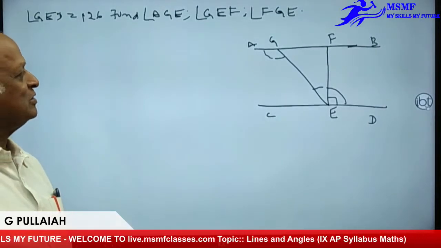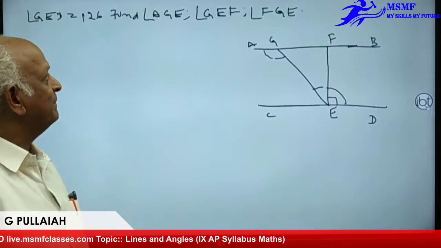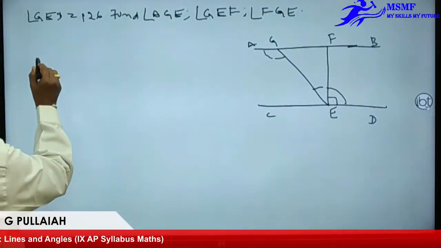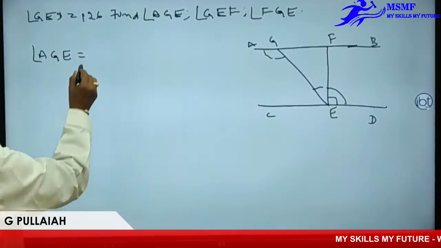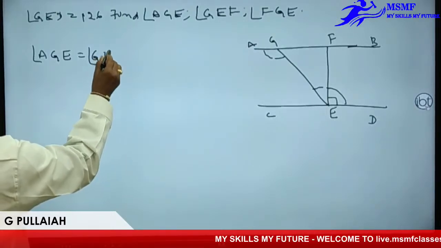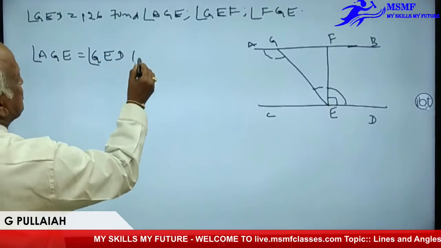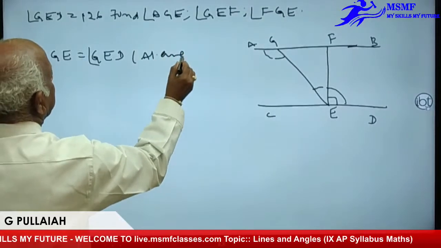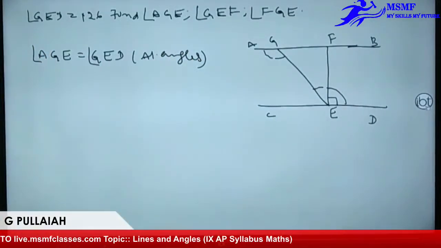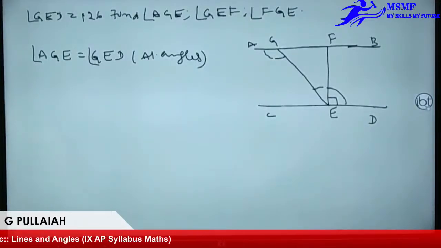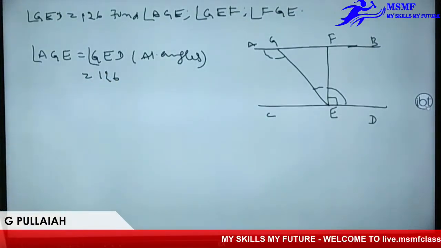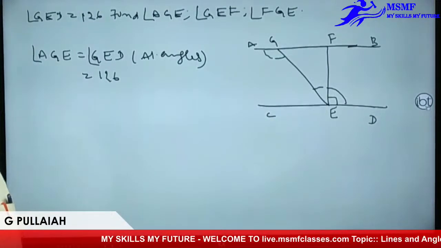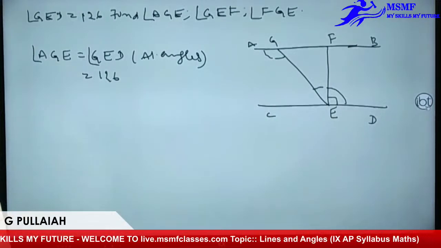If AB is parallel to CD, the alternate angles are equal. So angle AGE is equal to angle GED, since these two are alternate angles, and this GED is nothing but 126. Therefore, angle AGE is equal to 126. One thing is over.